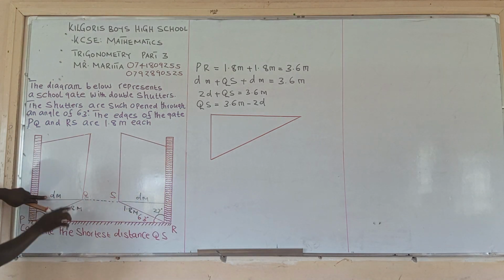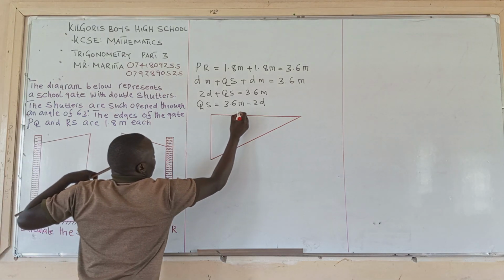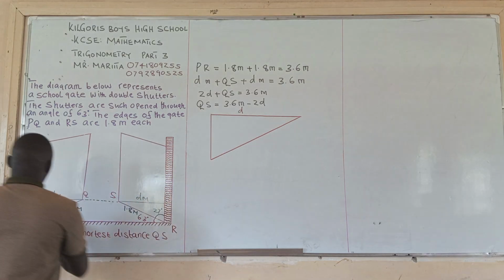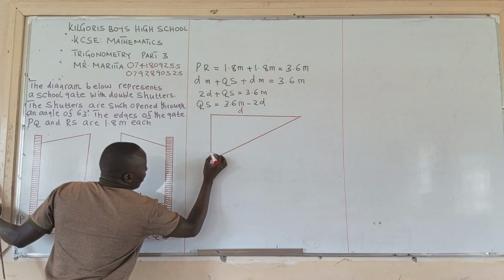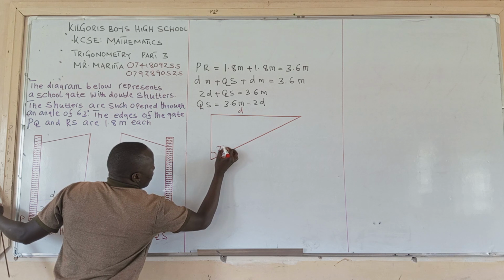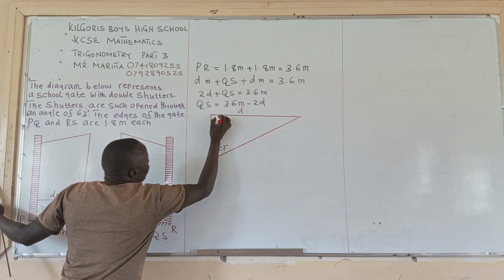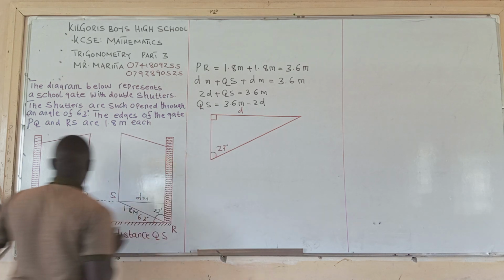From here to here, it is d. Then we have an angle here, which is just 27 degrees. And of course we have this one as 90 degrees there.